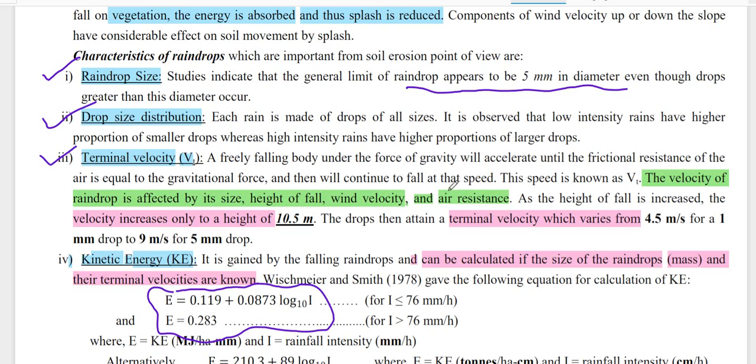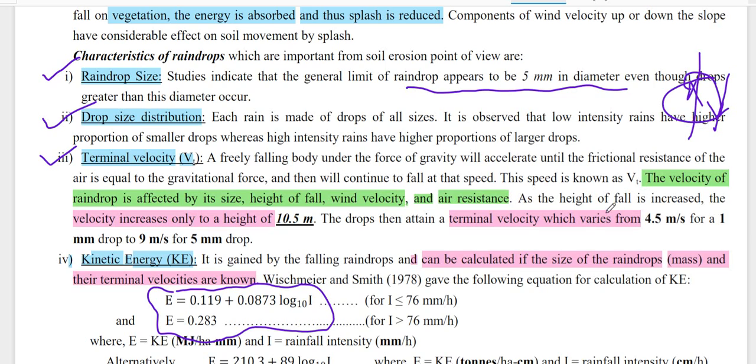So terminal velocity is that velocity at which the frictional resistance of air is balanced by the gravitational force, because if any body is falling freely, there will be gravitational force and an air frictional force. If both are equal, that velocity is called terminal velocity.